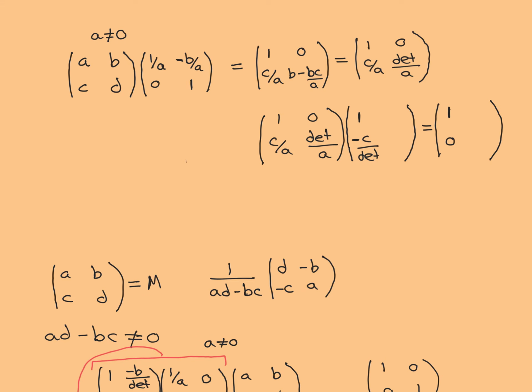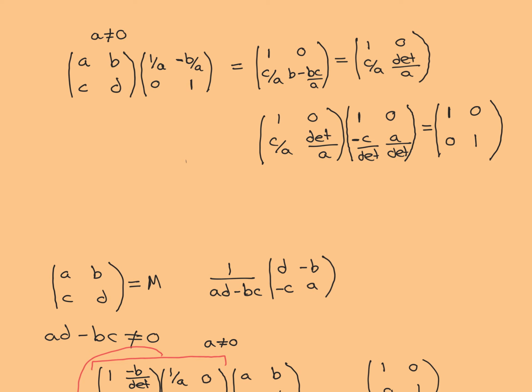And then for our second column, this column doesn't need any amounts of this column adding or subtracting off. We just need to multiply it through to make this entry here equal to 1. So we don't want any amounts of the first column, but we'd like to multiply through by a over det. And that should get us to the identity matrix.